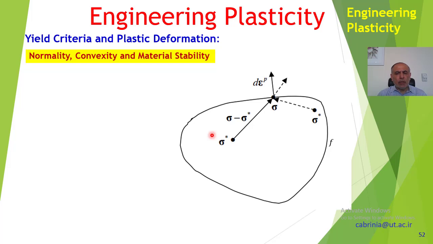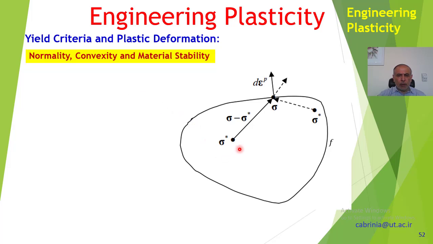The increment of plastic strain being perpendicular to the yield surface is the normality, and convexity means that the surface is convex. We are going to prove these two conditions.